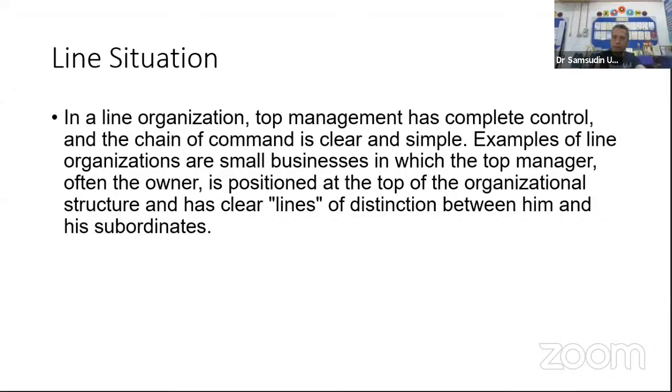The task structure is very clear in this line situation because they are dealing with everyday business operation. An example of this everyday business function can be the marketing department. Every day they have to deal with this operation.